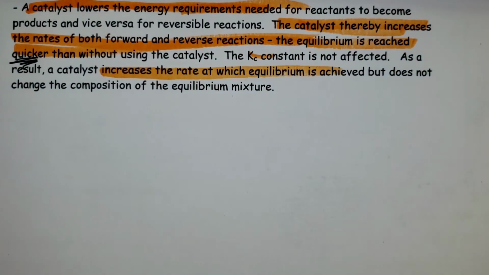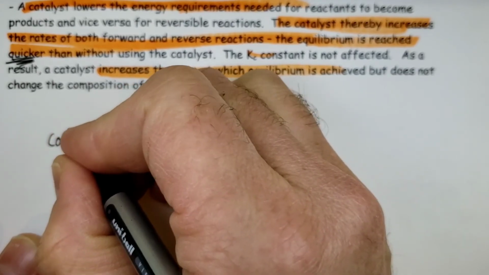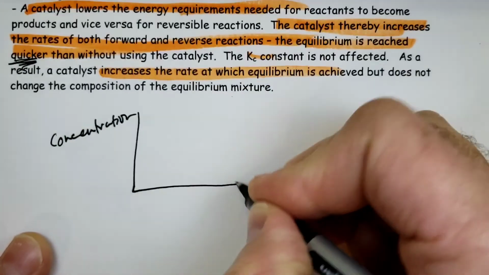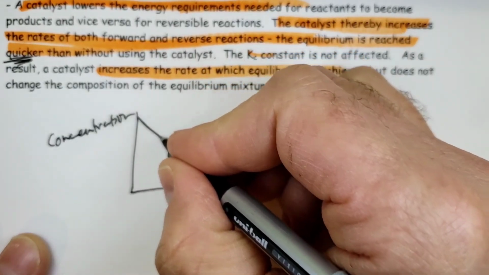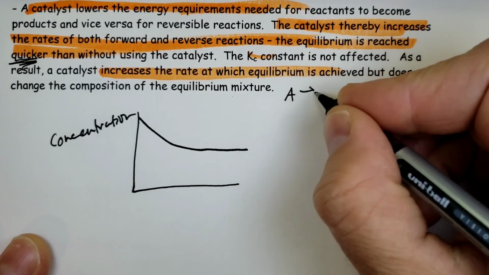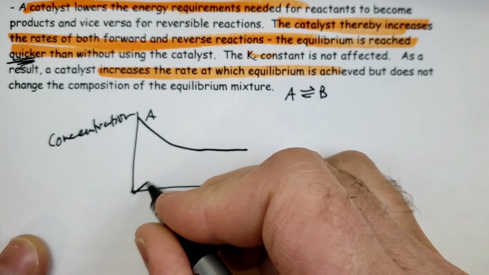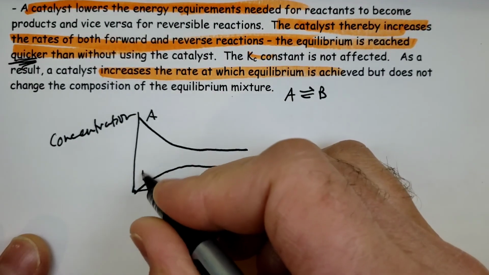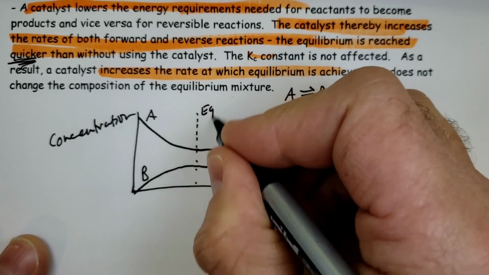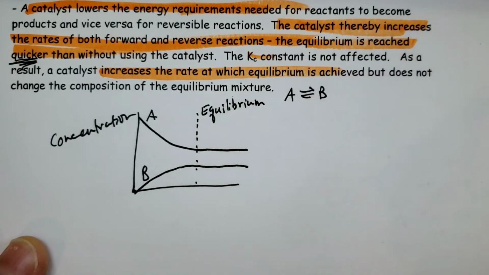So you can think about this visually as, let's say I had concentration. Let's say this is a reaction in which I have A going to B. Okay? So A is getting used up, B is getting produced, and eventually over here, equilibrium happens here.